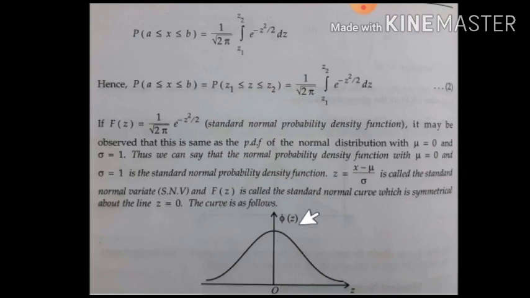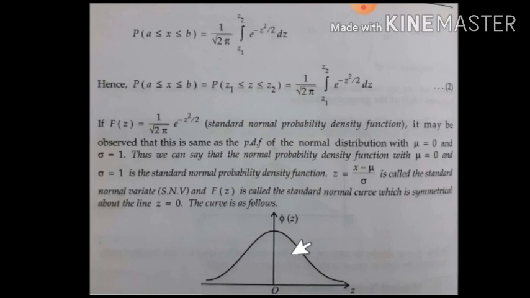By substituting z is equal to x minus mu by sigma, this is called the standard normal variate, in short SNV, and f of z is called the standard normal curve, which is symmetrical about the line z is equal to 0.